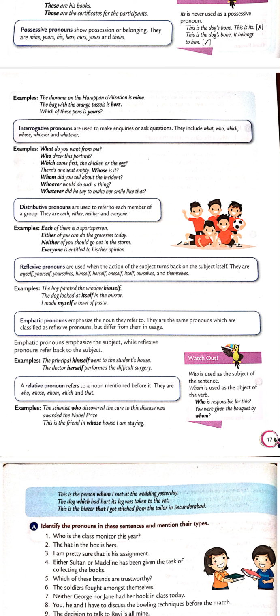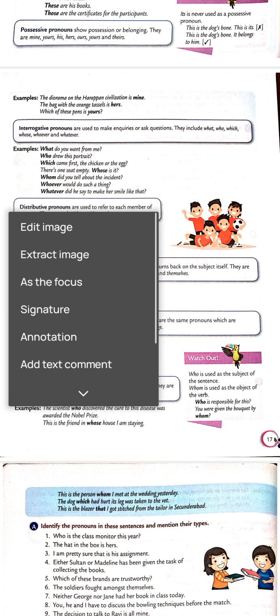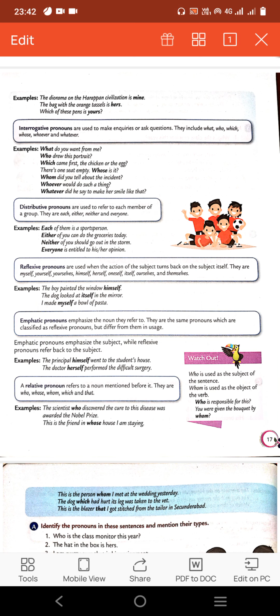This is the friend in whose house I am staying. This is the person whom I met at the wedding yesterday. The dog which had hurt its leg was taken to the vet. This is the blazer that I got stitched from the tailor in Sikandrabad.